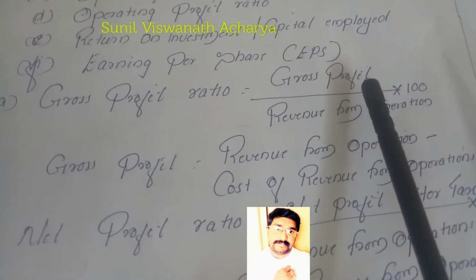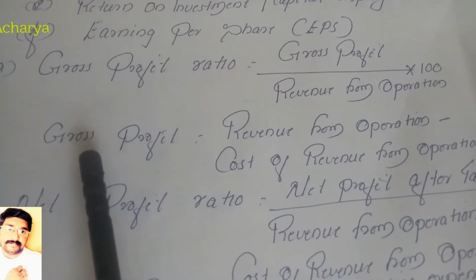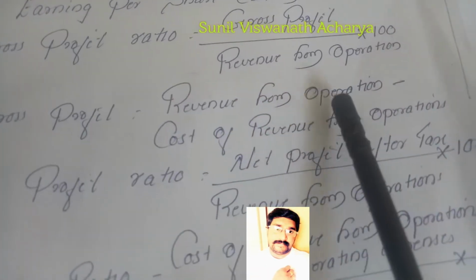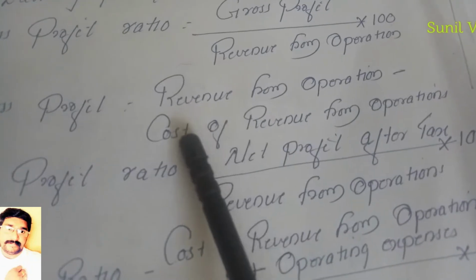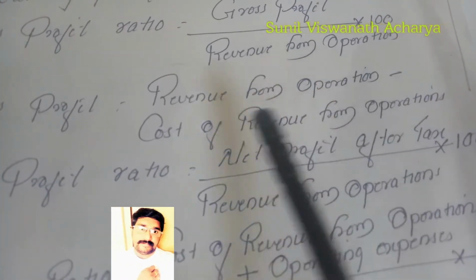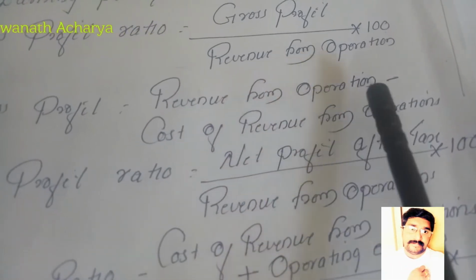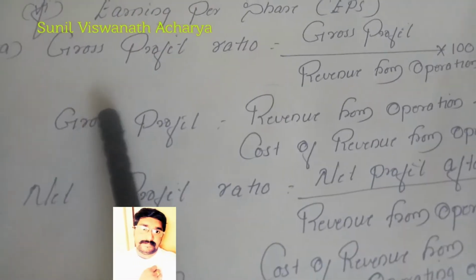Gross profit is some questions directly not given, so we can apply this equation. Gross profit is equal to revenue from operation, that means sales, minus cost of revenue from operation, that means cost of goods sold. So revenue from operation minus cost of revenue from operation, you will get gross profit.